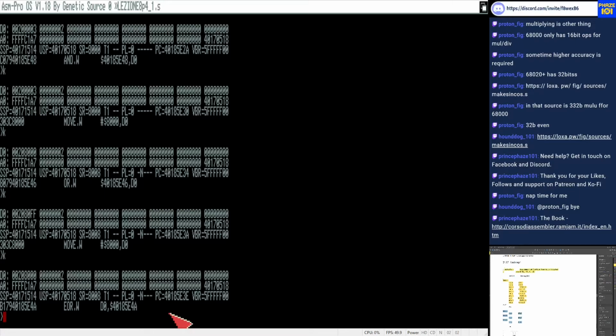If we execute it, you end up with a value not in the register, remember, the XOR was the 0 into a memory location. The value is in the memory location. The 0 doesn't change. The memory location 40185E4A will have a value of 0.